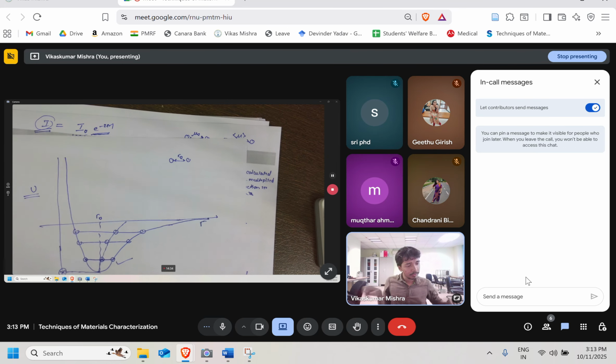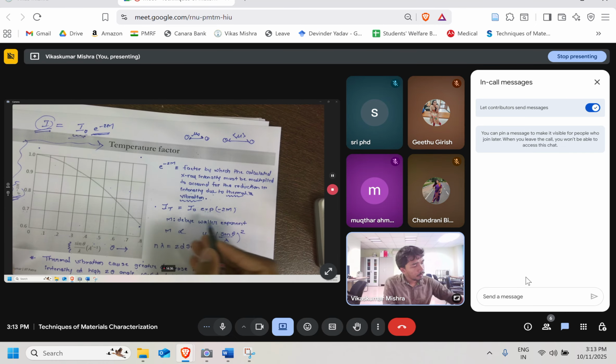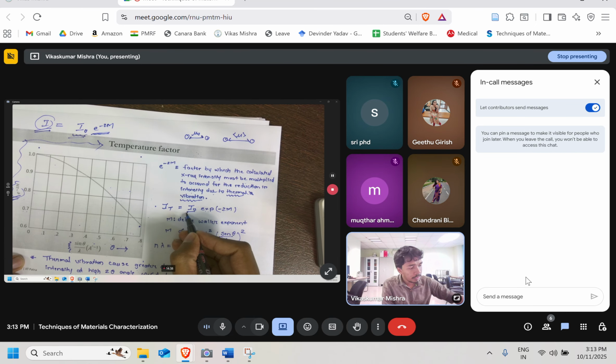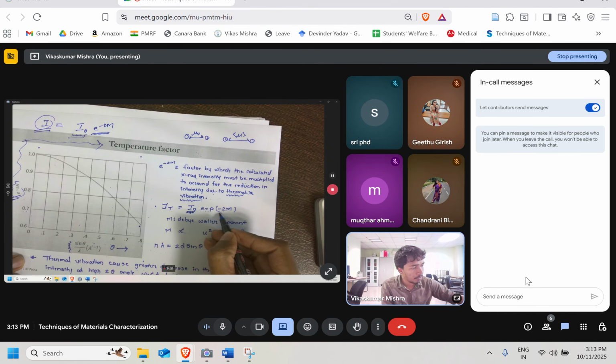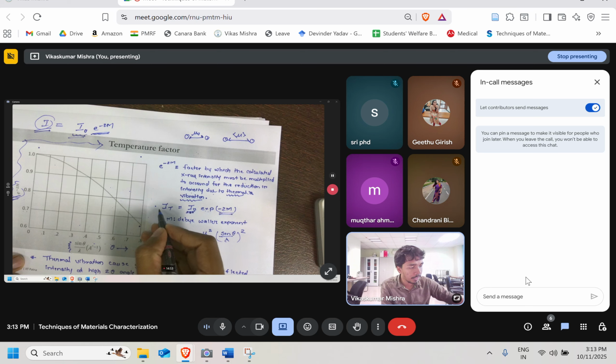Okay. So we have to multiply this intensity I naught, which I consider to be the static intensity, theoretically the intensity which we will get at absolute temperature 0 Kelvin, by e to the power of minus 2M. Then we will get the final intensity which is affected by the temperature.